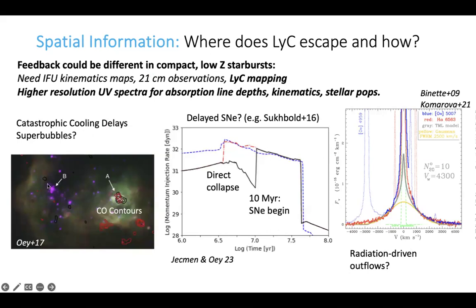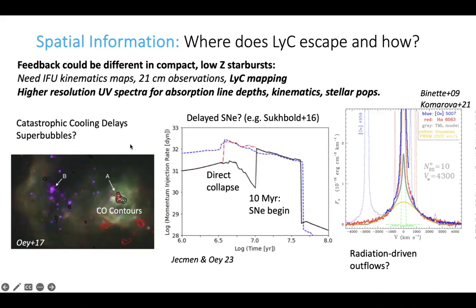So this galaxy, Markarian 71, is a candidate for a process known as catastrophic cooling, where its superbubble formation may be delayed because, rather than having a hot bubble around it that expands, basically all its energy is being radiated away. So that changes how this ISM region might evolve.